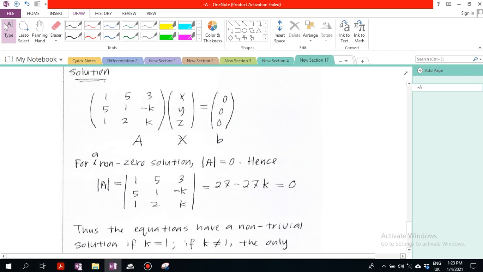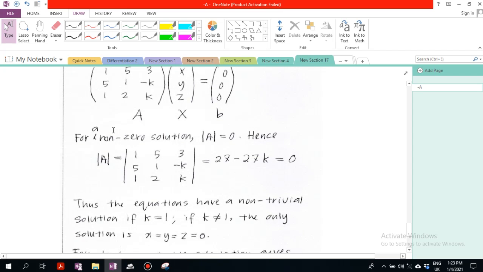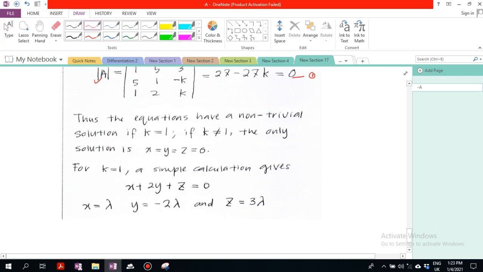You have A, x and b. We know that a non-trivial solution means your determinant will be equal to 0. This is the key point based on the question. So automatically you find the determinant and set it equal to 0. This is your equation.